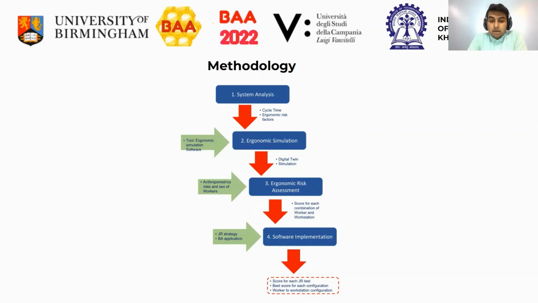With the help of digital twin on anthropometric data and sets of workers, we get the ergonomic risk assessment, where we get a score for each combination of worker and workstation. We apply Bees algorithm for job rotation on this score to get the best score for each job rotation test and worker to workstation configuration.